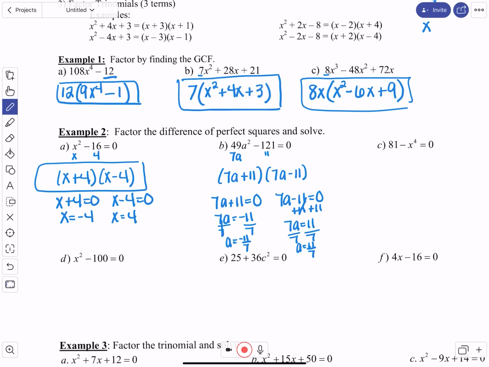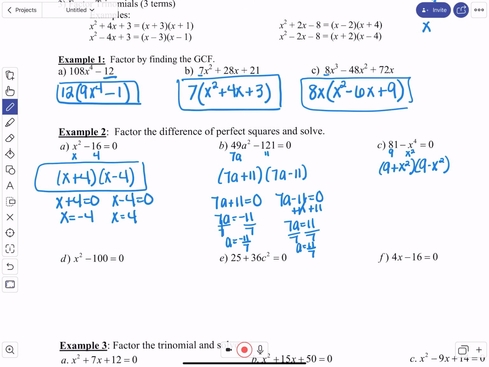Okay? Now, on C, we've got 81 and x to the 4th. The square root of 81 is 9. The square root of x to the 4th is x squared, because you just split the exponent in half. So we're going to get 9 plus x squared, 9 minus x squared.